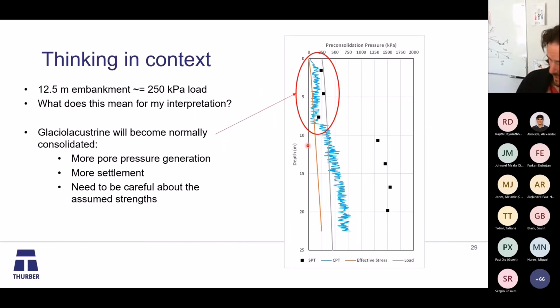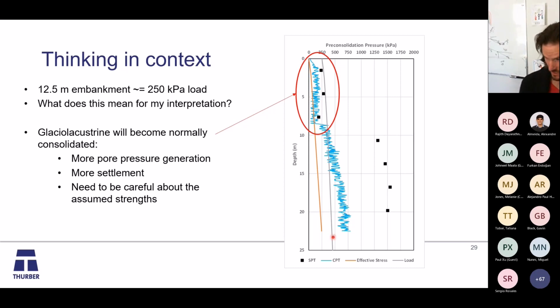We need to be thinking, okay, in context, what do these results mean? Does it matter? If I'm thinking about this abutment, I've got a 12.5 meter high embankment, roughly 250 kPa load. What does this mean for my interpretation? What I've added here is this orange line, the effective stress.